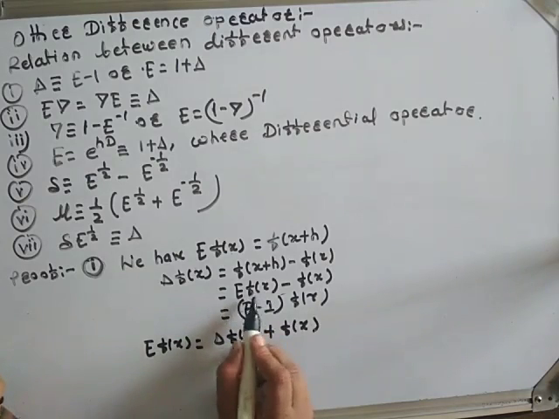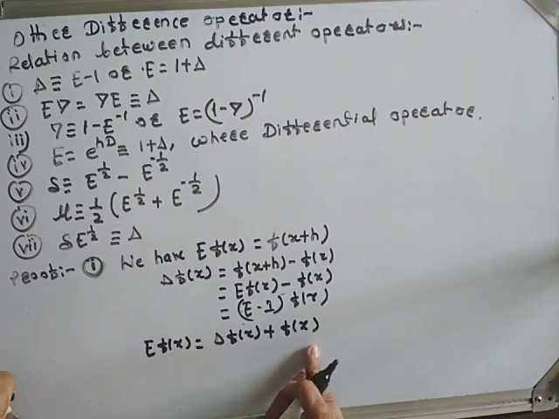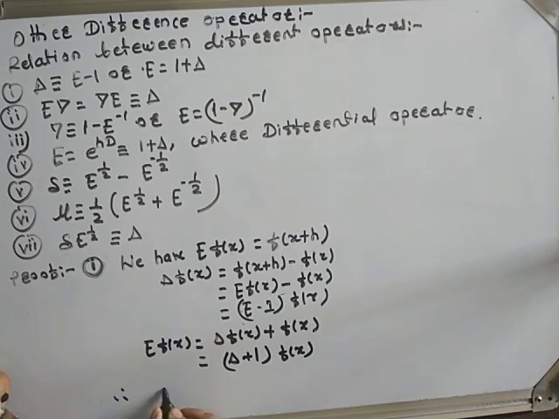Therefore E of f of x is equal to delta f of x plus f of x, which is equal to (delta plus 1) into f of x. Okay. Therefore we get E is equal to delta plus 1.